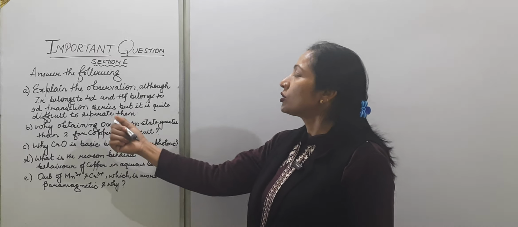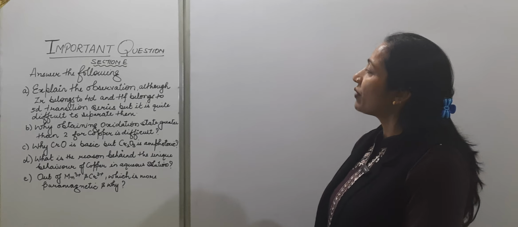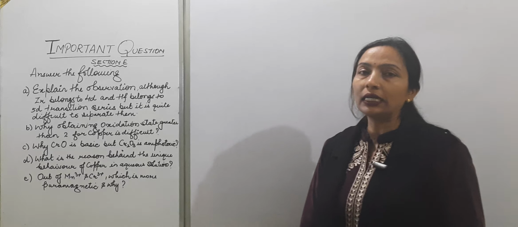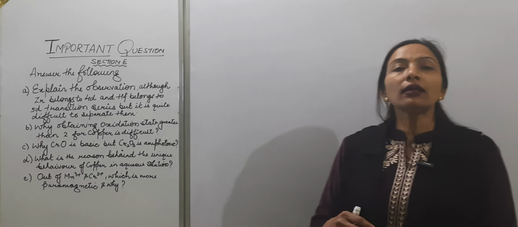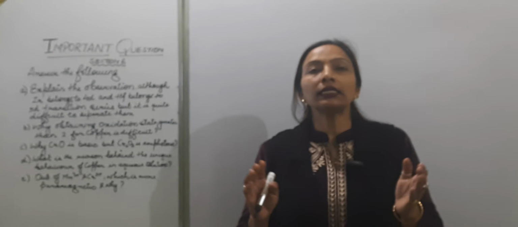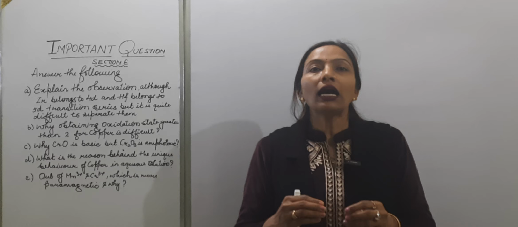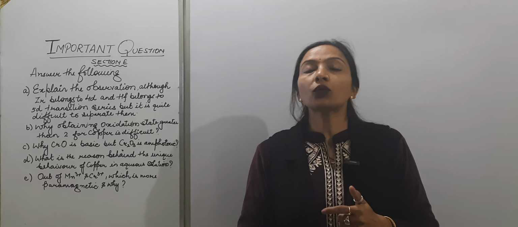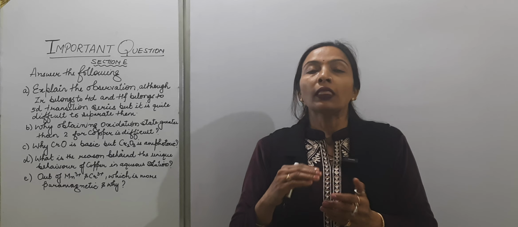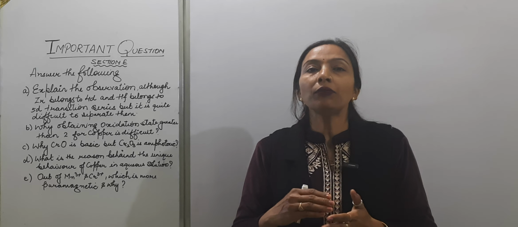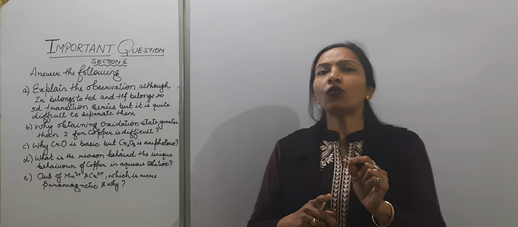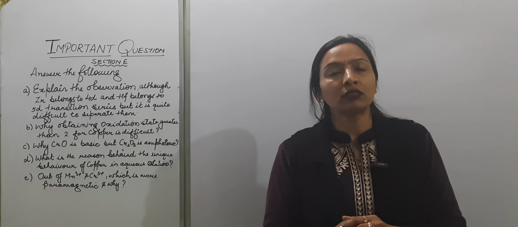Although zirconium belongs to 4d and hafnium belongs to 5d transition series, it is quite difficult to separate them. Why is that? Or we can ask this question like that: the elements of 4d series and the elements of 5d series are difficult to separate. Or the question can come the other way around: there is a difference in 4d and 3d elements in their atomic sizes, but the atomic sizes of 4d elements and 5d elements are similar.